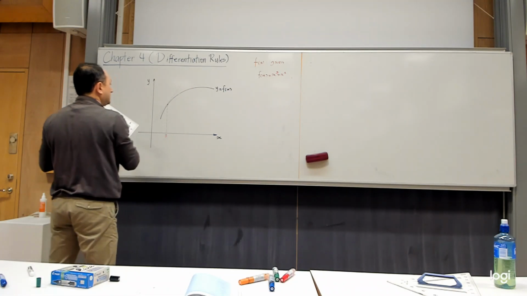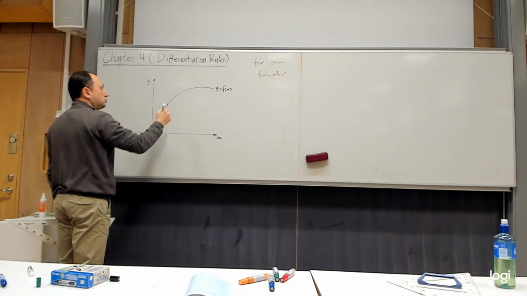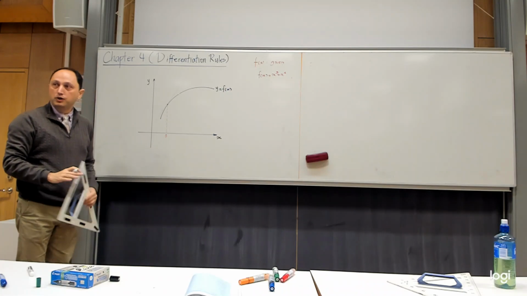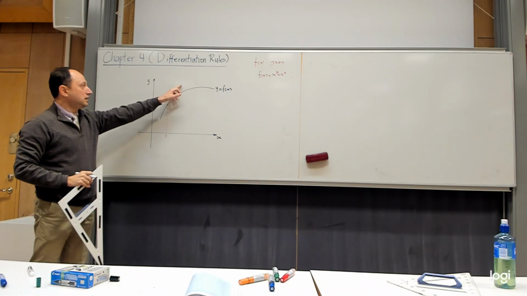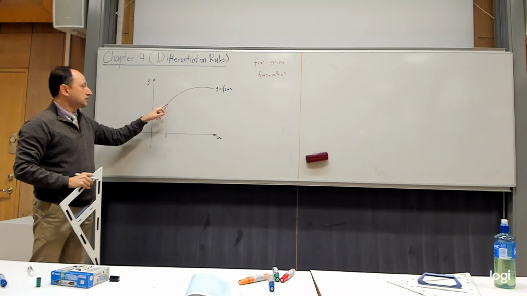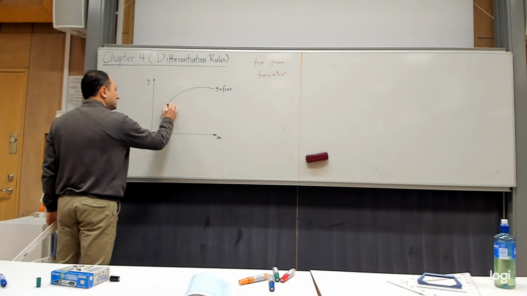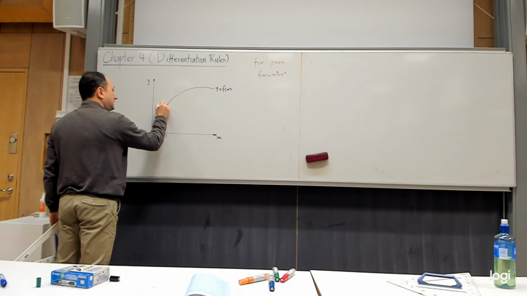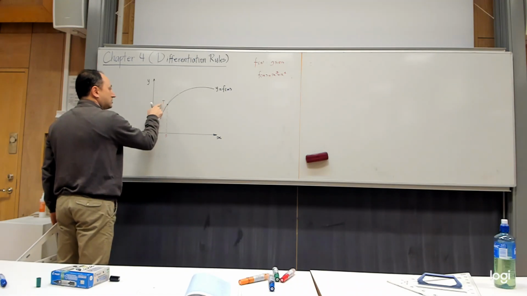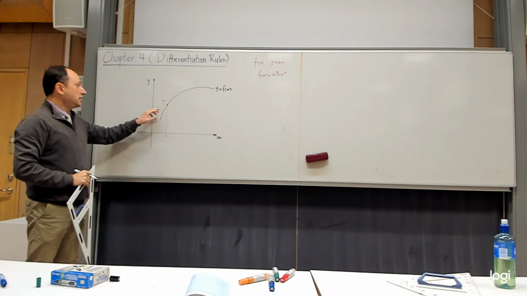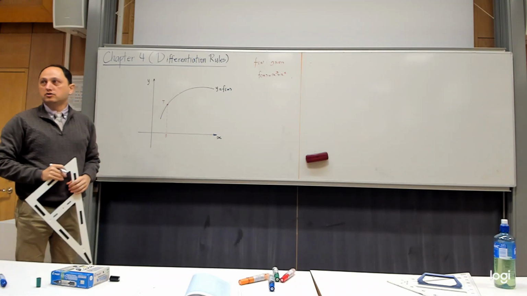Is there any way for me to find an equation for this green line, the tangent line to the graph at this point, which we call T, the point of tangency? We want to find an equation for this straight line.